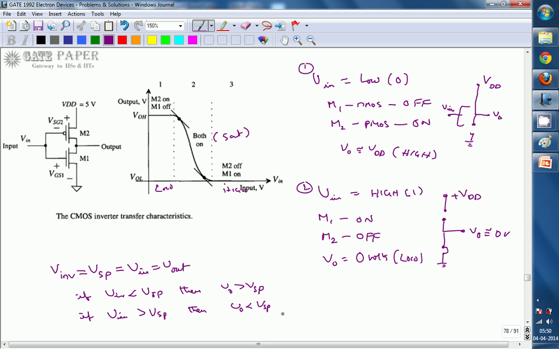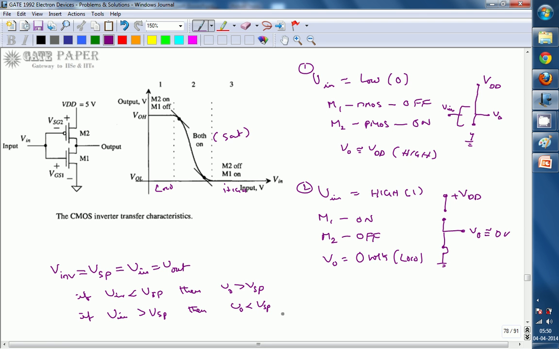At the inversion point, input and output are the same. If the input is lesser than the switching threshold point, the output will be more than it. If the input is more than the switching threshold point, the output will be lesser. That is the inversion operation taking place from this point onwards. So this point is called the logic inversion point or switching threshold point, VSP or V inversion.